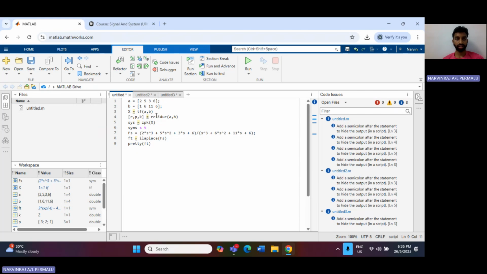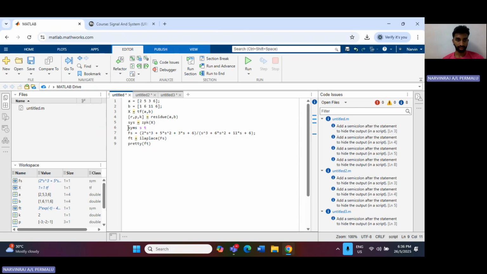And then [R,P,K] equals residue(A,B). This RPK means R equals residues, P equals poles, and K equals direct polynomial terms. This decomposition is useful for applying the inverse Laplace transform.